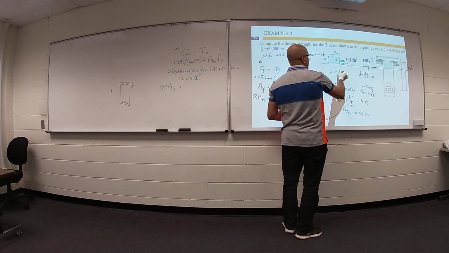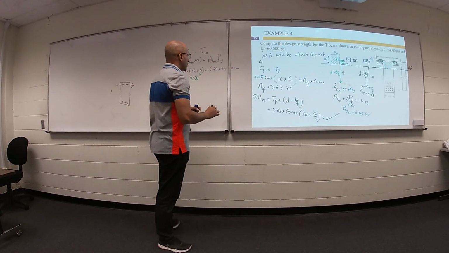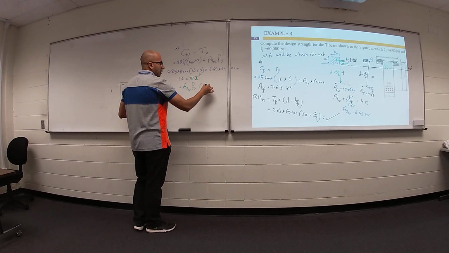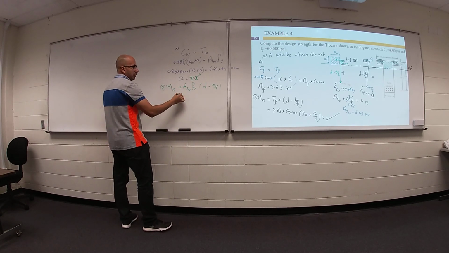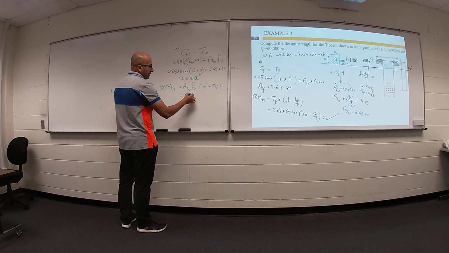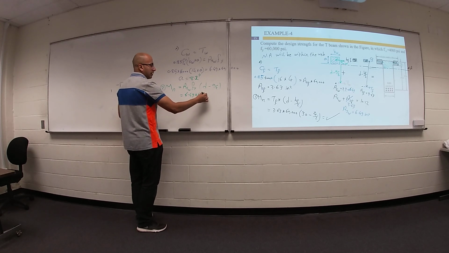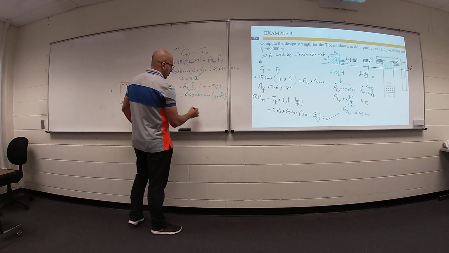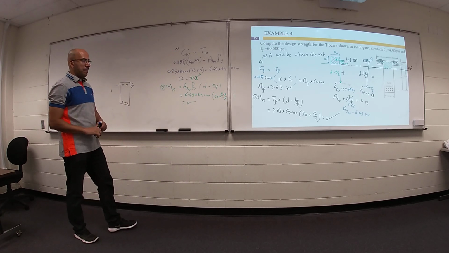Then your nominal moment from the second part equals this force, T web, times this distance, d minus a divided by 2. So area steel web times f yield times d minus a divided by 2. Your value will be 6.49 times 60,000 times your depth 30 minus a divided by 2, you can get your number.